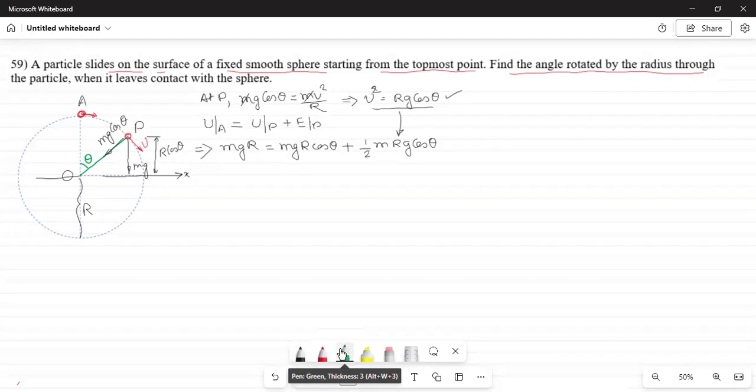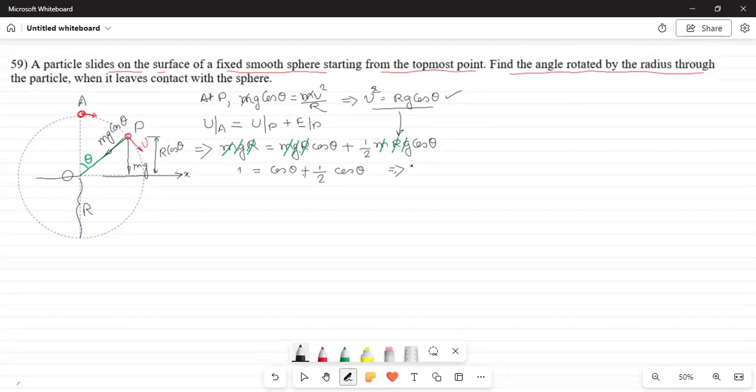Here, mgr, mgr, mgr, everything gets cancelled. So what we have is 1 is equal to cos theta plus half cos theta.